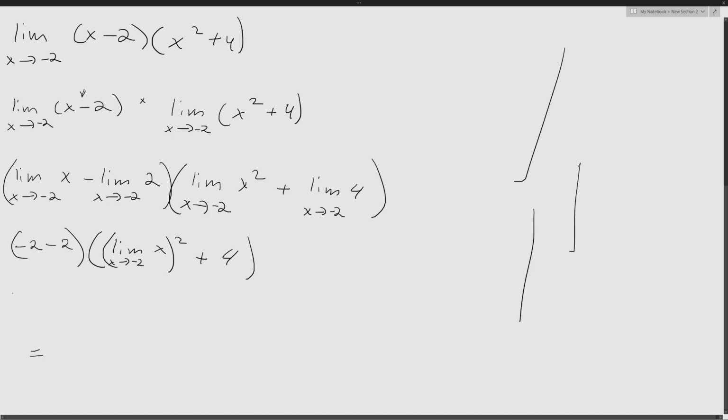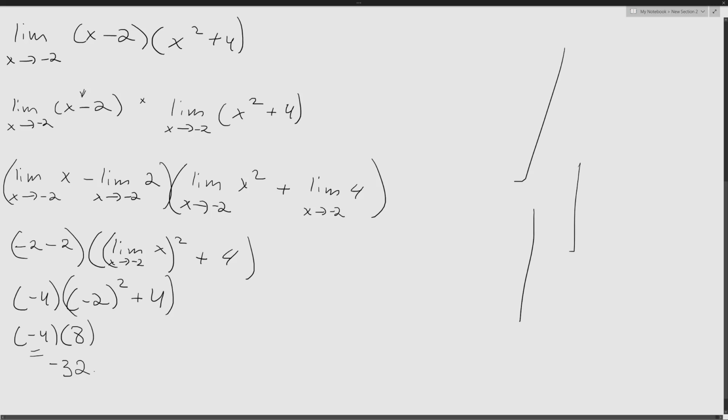So simplifying this side, we get -4. The limit of x as x approaches -2 is -2 squared plus 4, all on this side. And so we get -4 times 4 plus 4, which is 8, which equals -32.